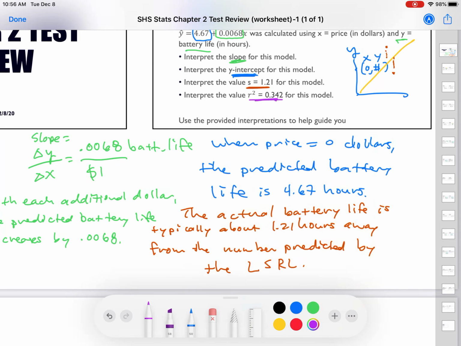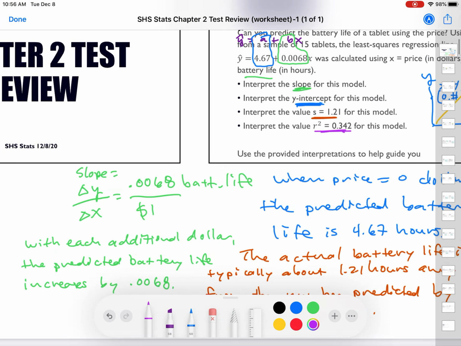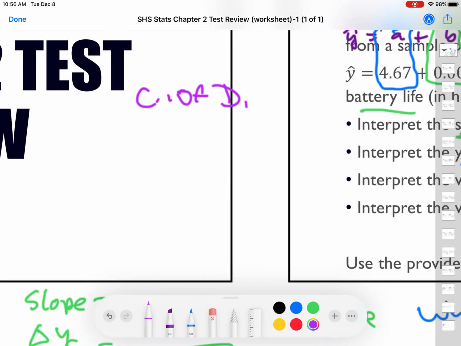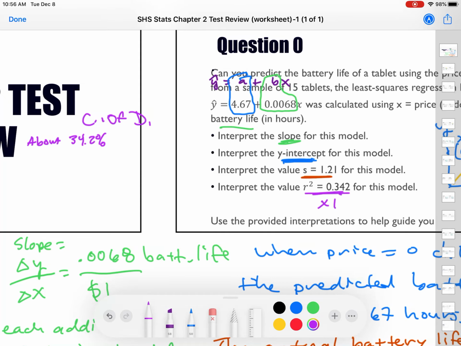What is r squared? R squared is the coefficient of determination. And so we can say in that sentence frame about what percent? 34.2. Remember, you just multiply that number by 100, and then I'll move it 2 decimal places there.